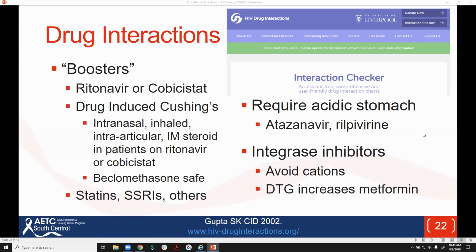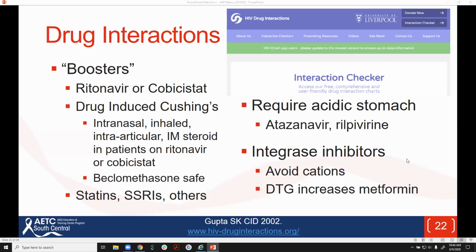The integrase inhibitors, again, a very, very common class now. There are major drug interactions with cations. So that's really the supplements. Many of your patients will be taking a multivitamin with minerals. They may take calcium carbonate for heartburn, like Tums. They may be taking zinc because they heard it's good for their immune system.